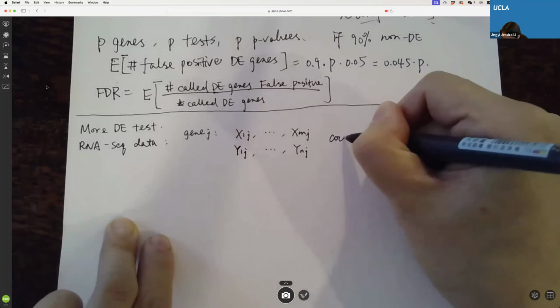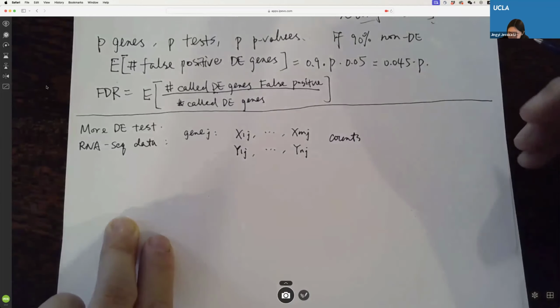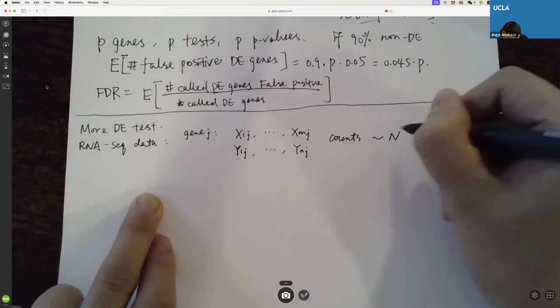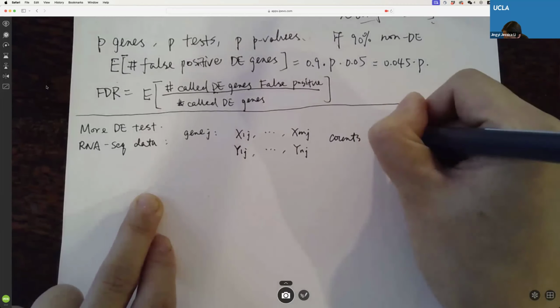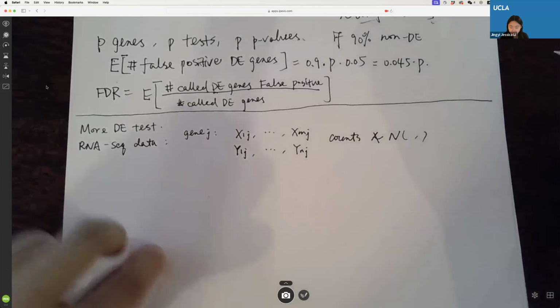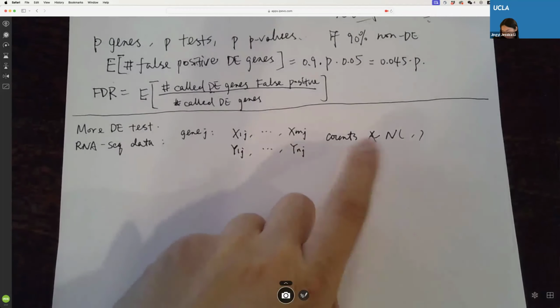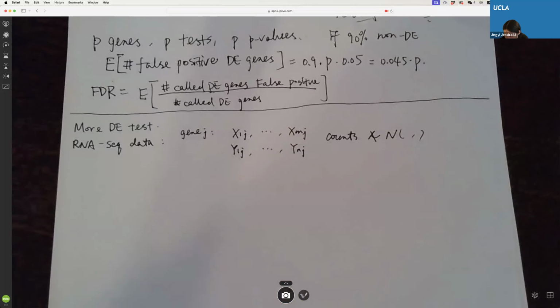That is, these data are counts, integers. So the normal distribution assumption does not seem reasonable, unless you transform your data and arbitrarily specify, for example, log counts to be normally distributed. But that is more like an arbitrary modification of the data. If we directly work with counts, then the normal distribution won't be reasonable.